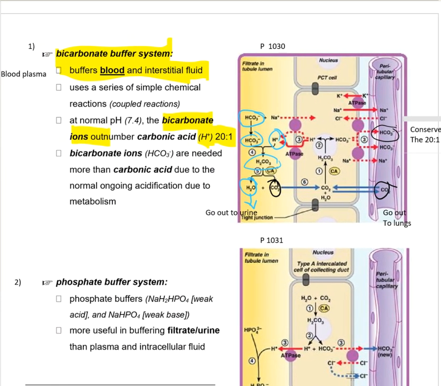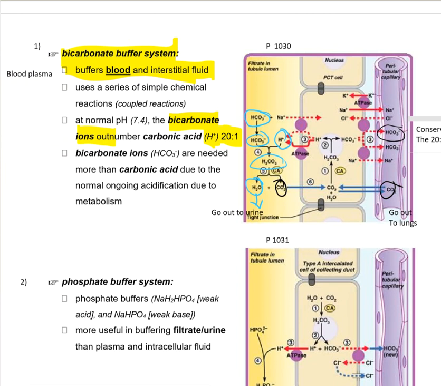So in this particular buffer system, if everything's working correctly, we can buffer our blood and our interstitial fluid by grabbing onto excess hydrogen and getting rid of the water in our urine and getting carbon dioxide breathed out. And we will go through other processes to restore the bicarb balance and keep the 20-to-1 ratio. So even though we use a bicarb, we can remake it in effect and conserve it.